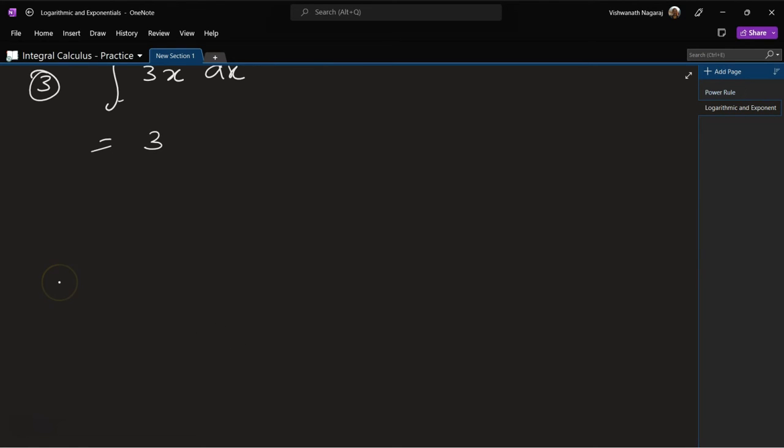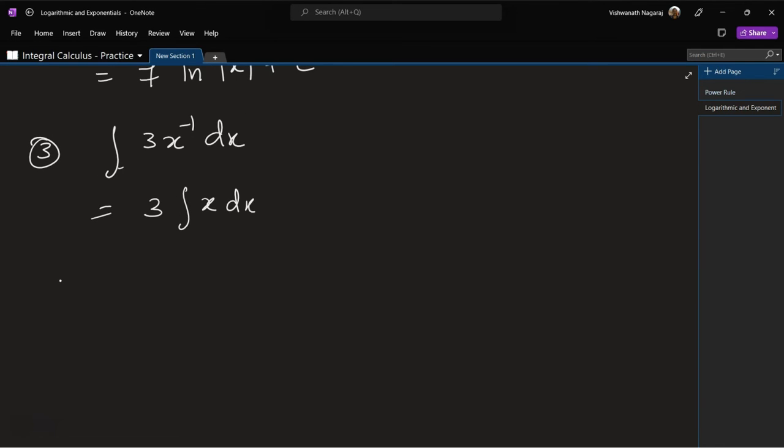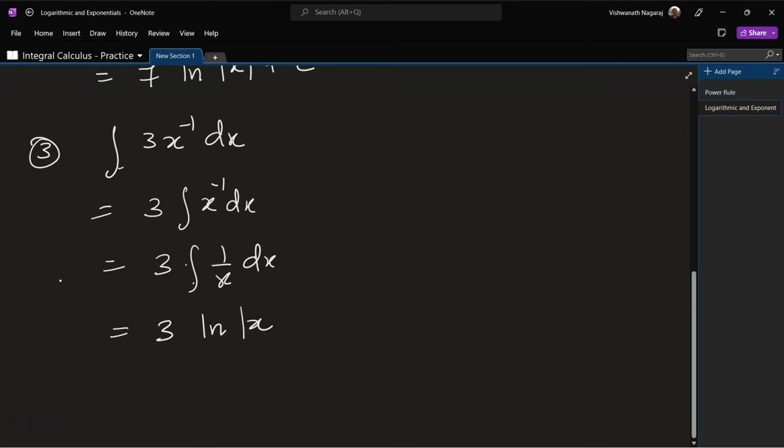This can be written as 3 integral of x to the power of minus 1 dx. Then this can be written as integral of 1 by x dx. So this becomes natural log of absolute value of x plus c.